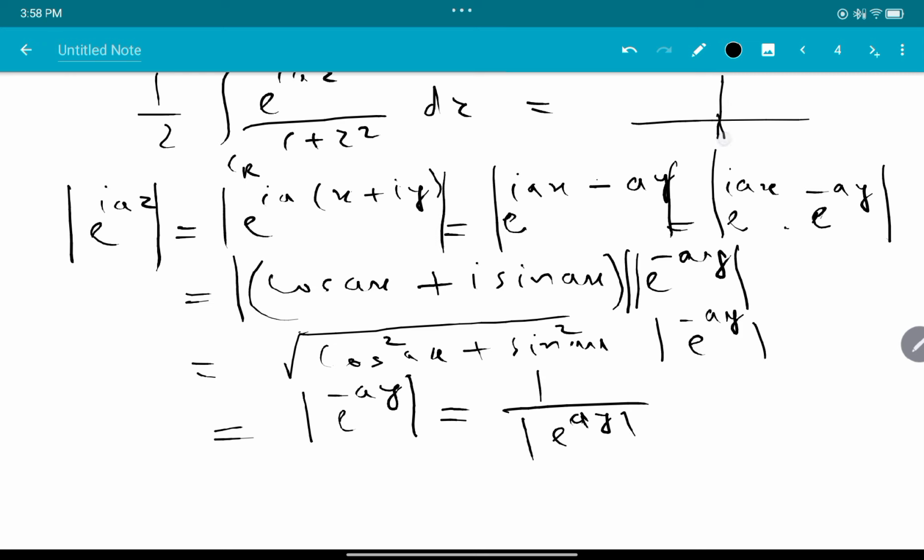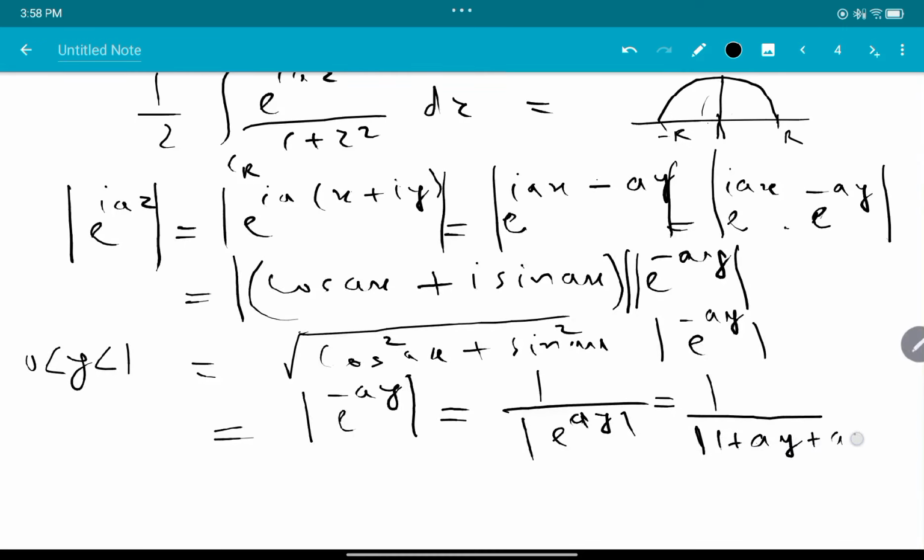This is the loop from minus r to plus r, and this is the upper loop CR. In CR, y is positive, since it is in the upper half. So y lies between 0 and 1, positive. A is positive. Now we can use the series expansion of e raised to x: 1 plus ay plus ay square plus so on.